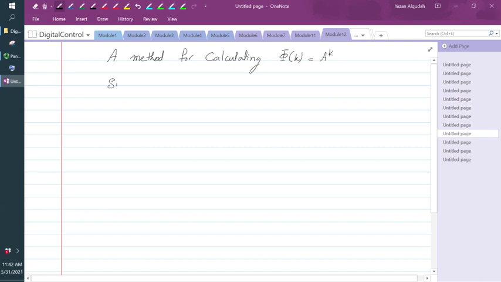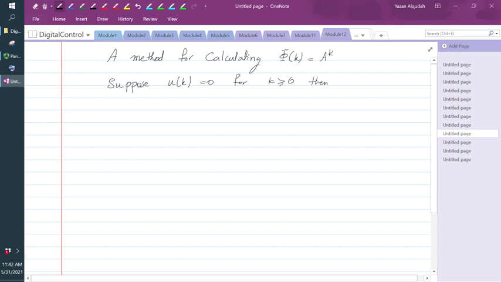So let's suppose that the input is equal to 0, u of k is equal to 0 for k greater than or equal to 0.